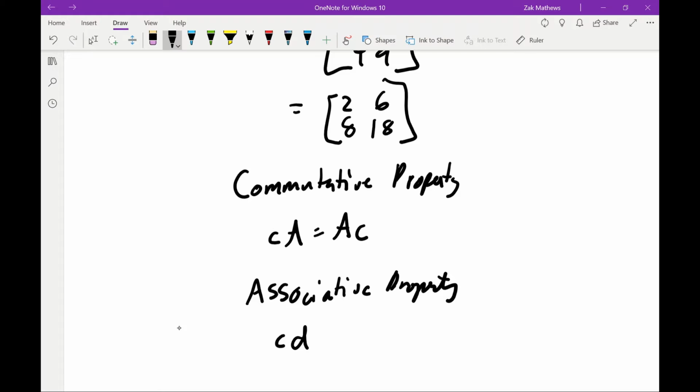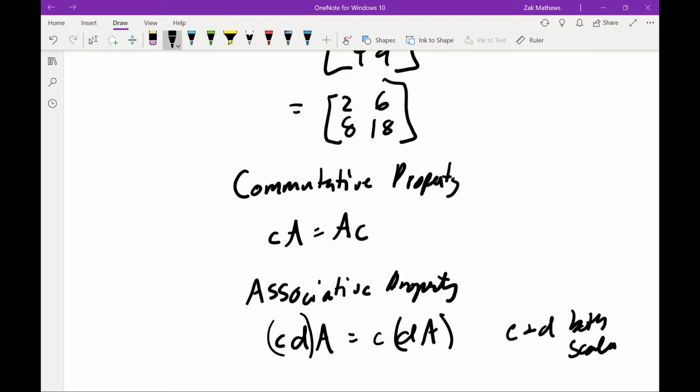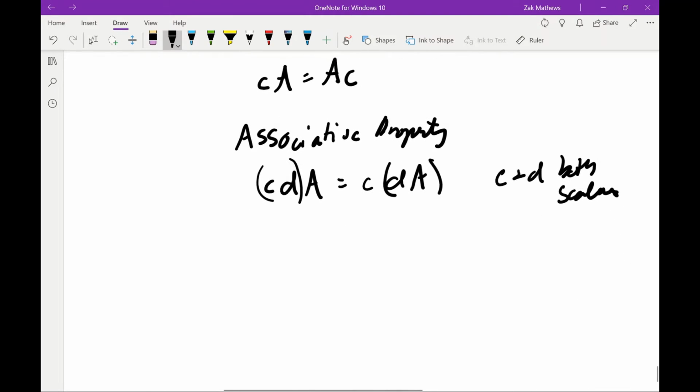C times D times A, where D is just another scalar, is equal to C times D times A. C and D, both scalars. And that's really not even true through properties of matrices, rather. That's just true through properties of real numbers. We know how real numbers work, so that's really nothing new.